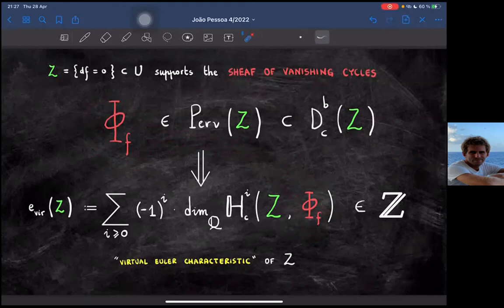So this has some meaning, and once you do this, and you just rewrite formally the formula for the Euler characteristic, you get something new. It's a new number, and we call it the virtual Euler characteristic. So this is an invariant that one may want to study. It's an integer invariant.